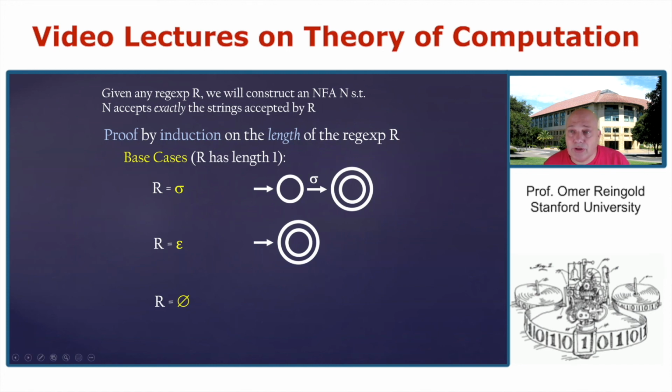The moment you need to read any alphabet symbol, you have no transitions, and therefore you cannot accept it. And the empty set is something we already discussed in the past. So it's this NFA that has a single state which is rejecting, and you cannot accept anything with a single state that is rejecting.